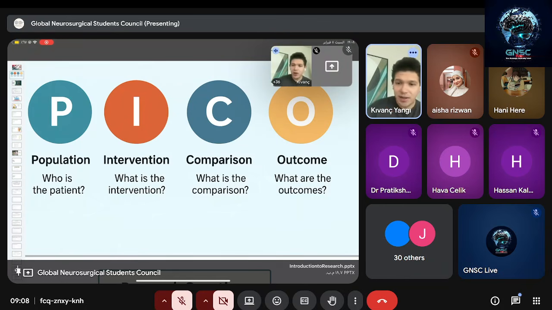So this is what you have to do. You have to pick one specific outcome measure and compare those two techniques according to that specific outcome measure. This can be many things: overall survival, progression-free survival, and many other things, maybe recurrences and so on.